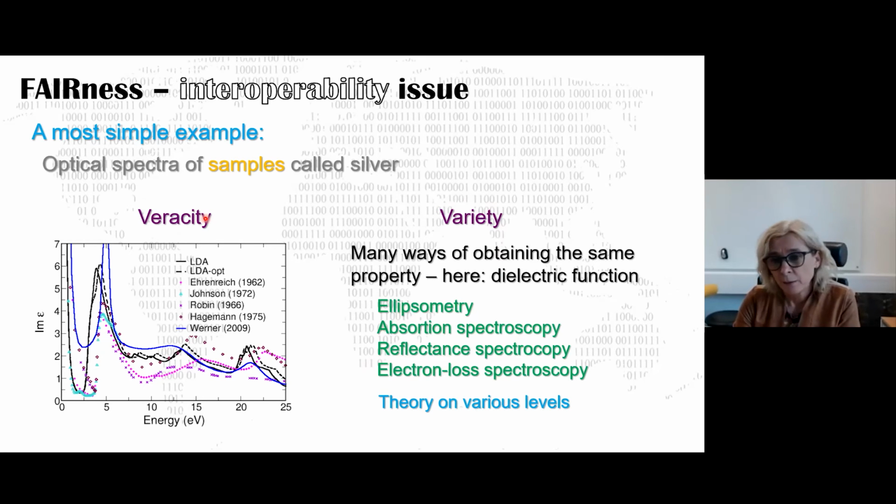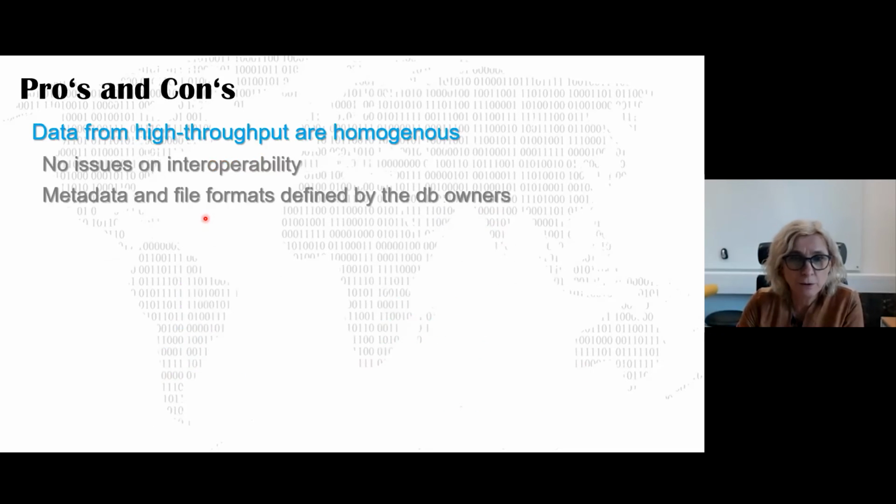So now, if you go back to our databases, what are the pros and the cons? What can we learn from this in relation to what we have heard before? If we just consider high-throughput databases, then data are typically homogeneous because all data have been taken under the same conditions or have been computed with the same computational means.